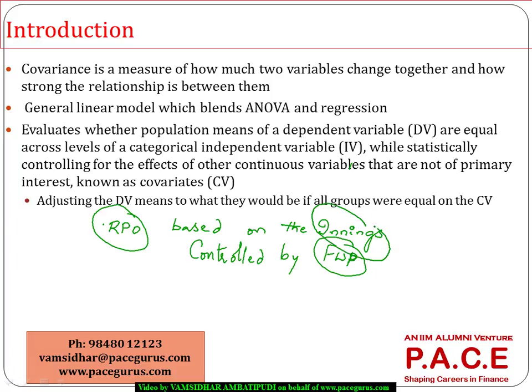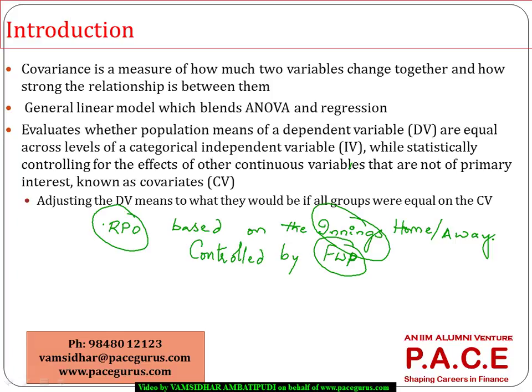Or probably you can take, instead of the innings, let's look at it based on home or away. So I want to really check out the runs per over based on home or away, controlled by the first wicket partnership, so assuming that across all the groups, the first wicket partnership is more or less uniform.